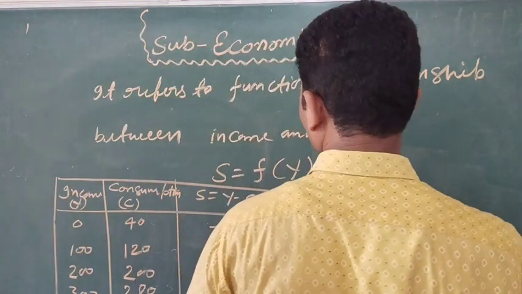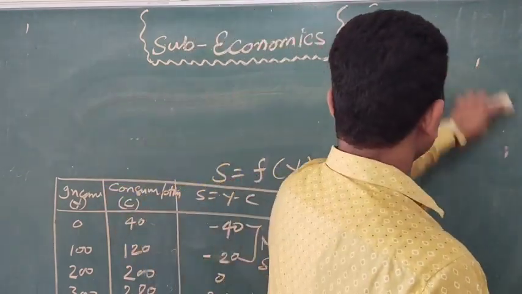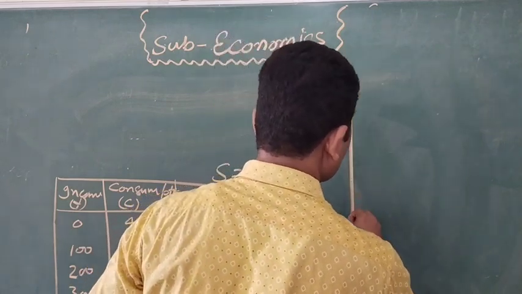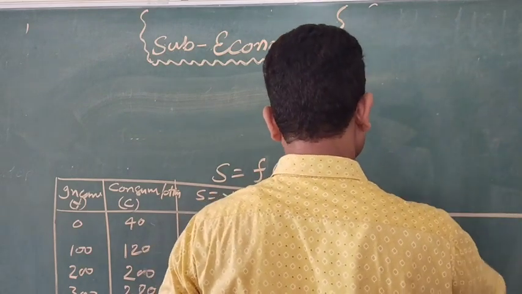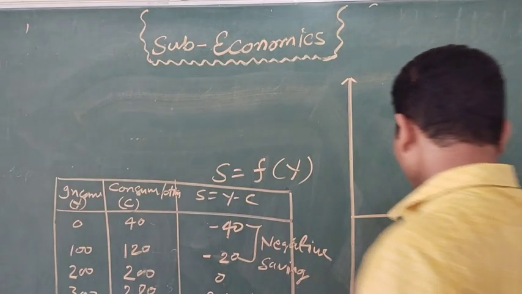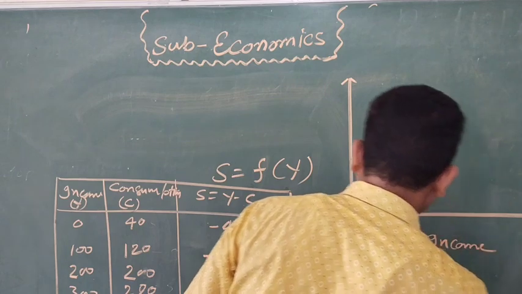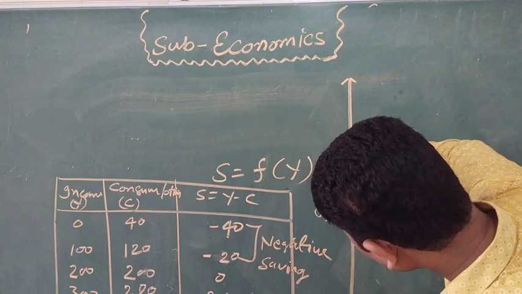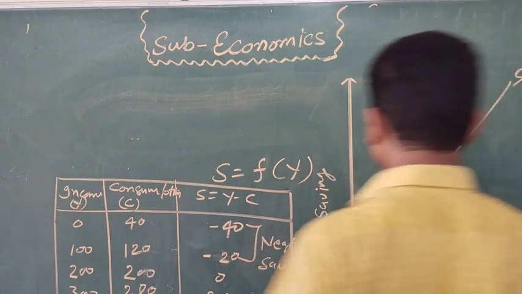And this is a saving curve. Saving we are referring along the y-axis and income along the x-axis. This is a saving curve.